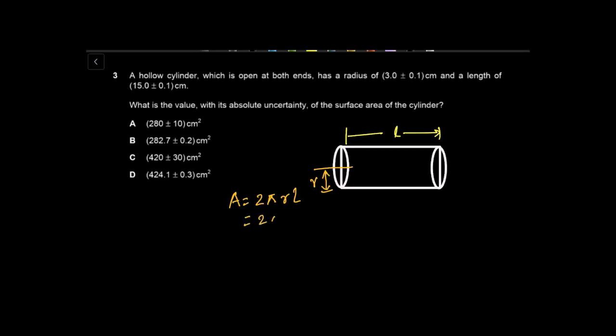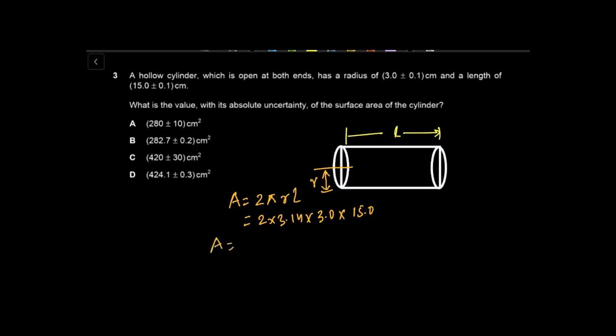This is equal to 2 into 3.14 into 3.0 into 15.0. The radius has two significant figures, 3.0, and the length of the hollow cylinder has three significant figures, 15.0. So the answer will have the least number of significant digits of the two measured values.